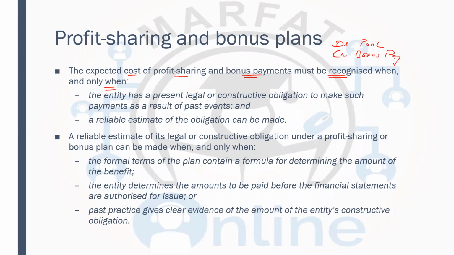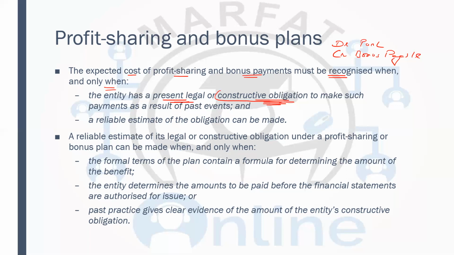Legal here means a contractual obligation: they have made a contract with the employees, and in their contract there is a clause that they will be getting the bonus or the profit sharing. Or a constructive obligation, which means the entity has itself created an obligation, with its past practices and its policies.